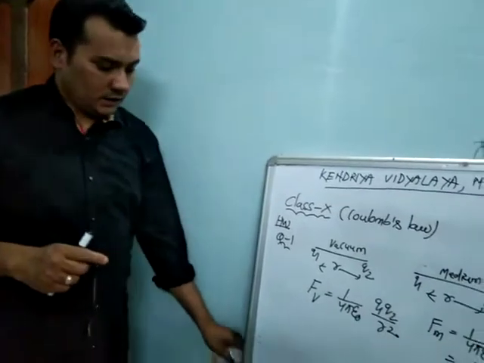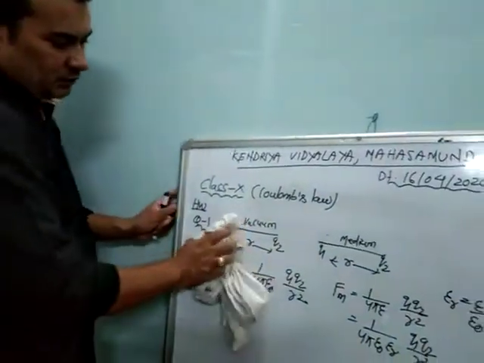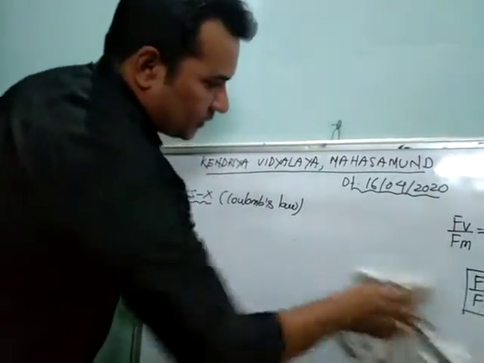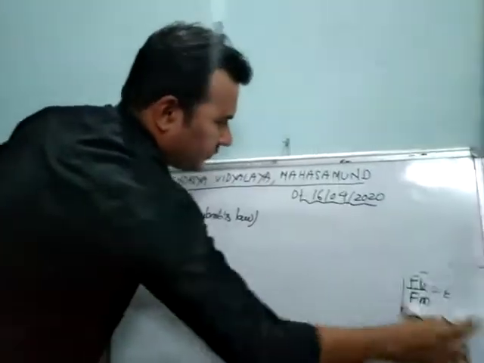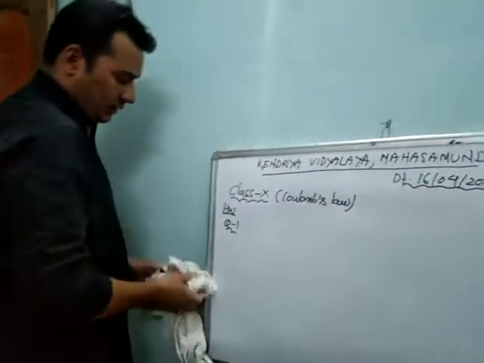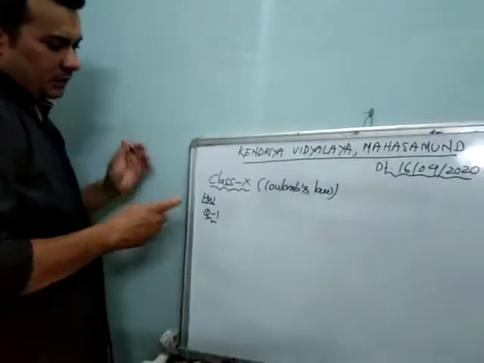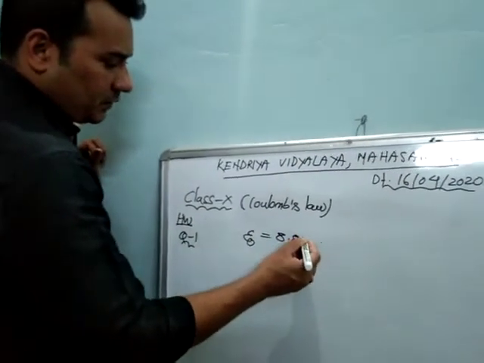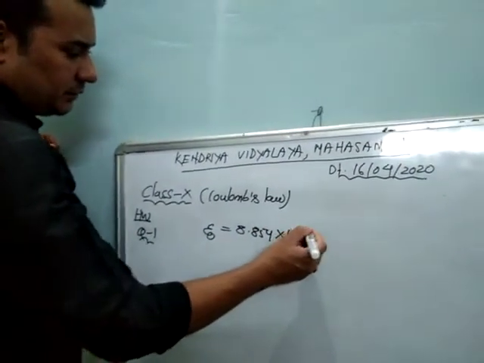And second question I have given you, how to define 1 coulomb charge in terms of force. So before solving that, I had given you the value of epsilon naught, permittivity of vacuum, that was 8.854 into 10 to the power minus 12.